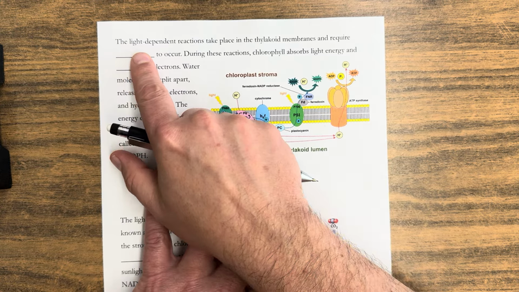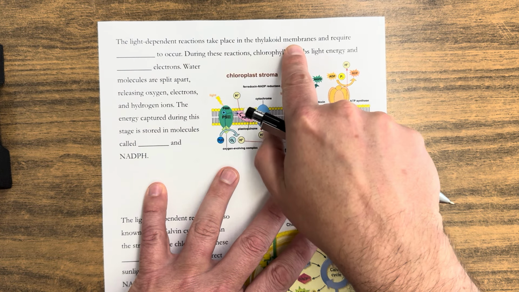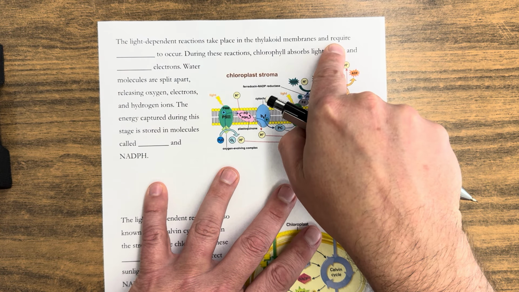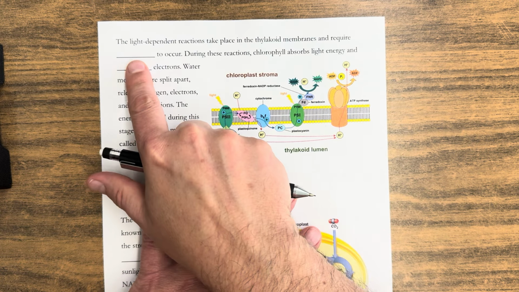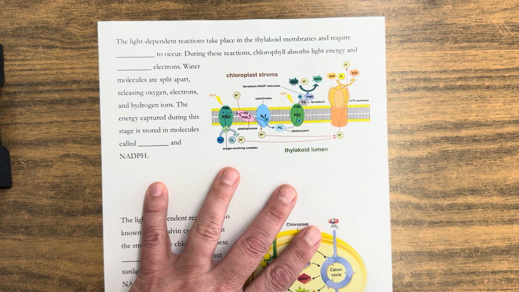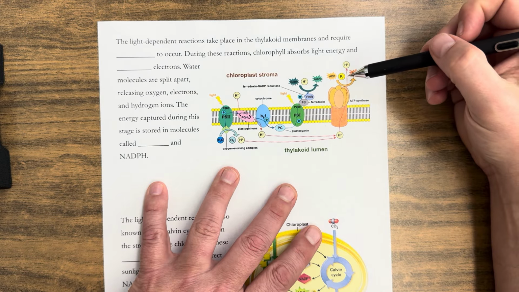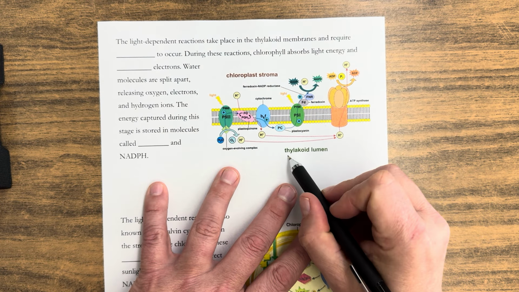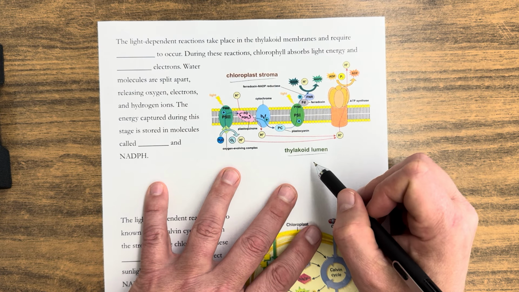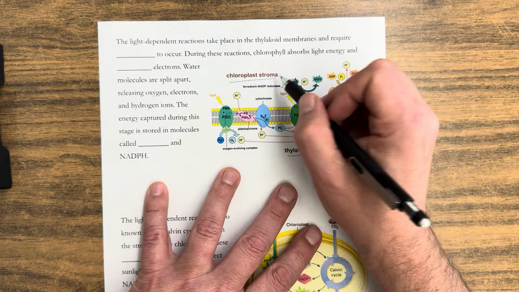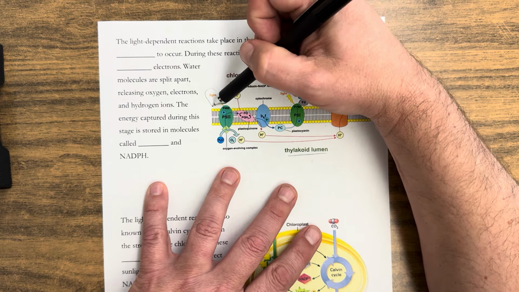All right, so light-dependent reactions take place in the thylakoid membrane and require sunlight to occur. So we've got thylakoid lumen on this side, chloroplast stroma on the outside. So this is kind of like inside and this is kind of like outside. But you see the light coming in here.